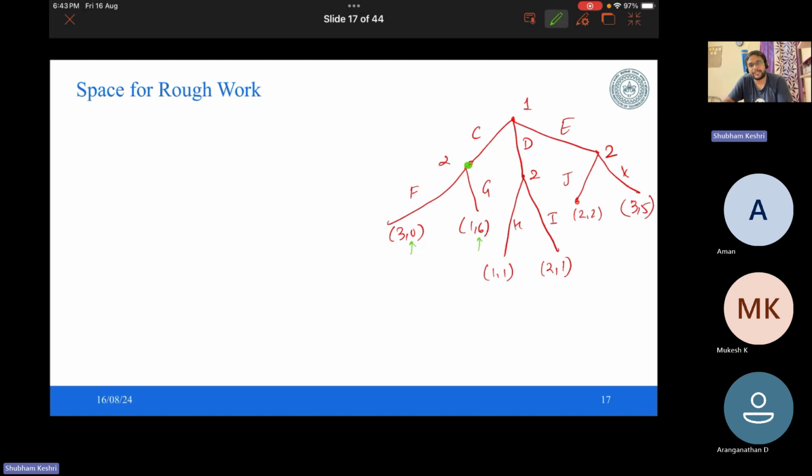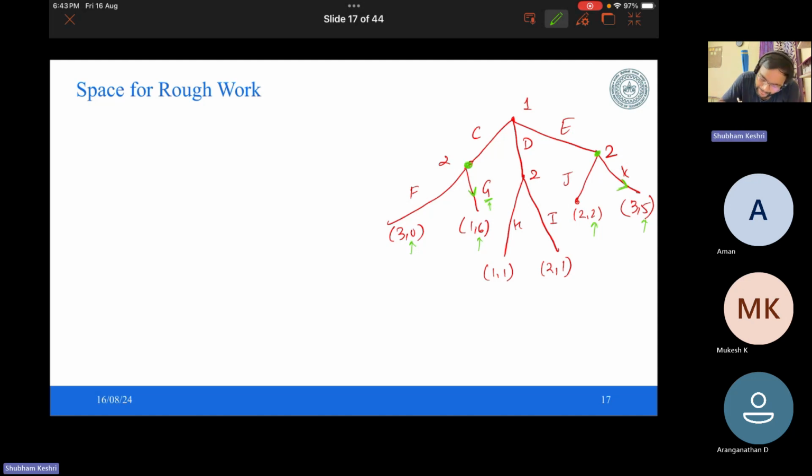So if 2 is rational, when playing G he is getting higher utility, 6 as compared to 0. Therefore, 2 will play G. Is this all right? And at this node, player 2 will get 2, and at this node, player 2 will get 5. So player 2 will play K at this node.